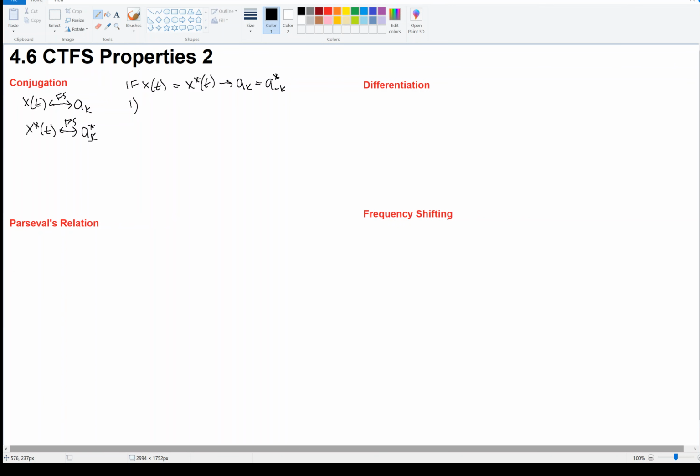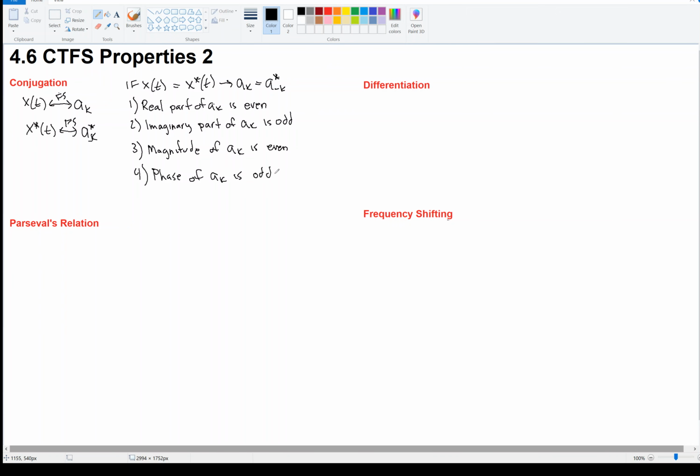Okay, so the consequences of this then would be that, one, the real part of ak is even, two, the imaginary part of ak is odd, three, the magnitude of ak is even, and four, the phase of ak is odd.